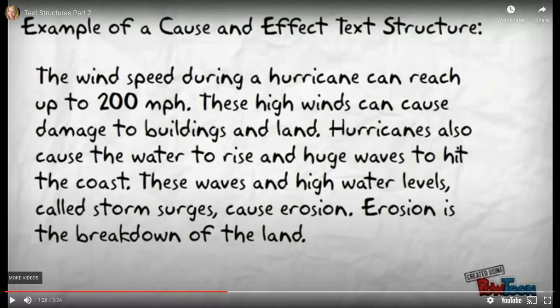The wind speed during a hurricane can reach up to 200 miles per hour. These high winds can cause damage to buildings and land. Hurricanes also cause the water to rise in huge waves to hit the coast. These waves and high water levels, called storm surges, cause erosion. Erosion is a breakdown of the land. And again, we're looking at cause and effect. We're looking at what causes certain things, like a chain of effect.